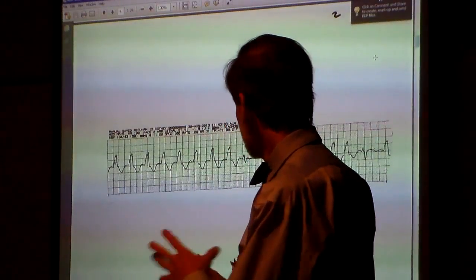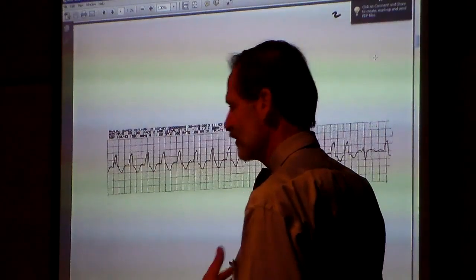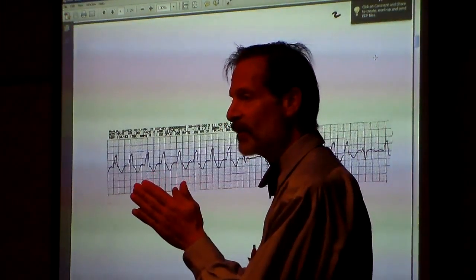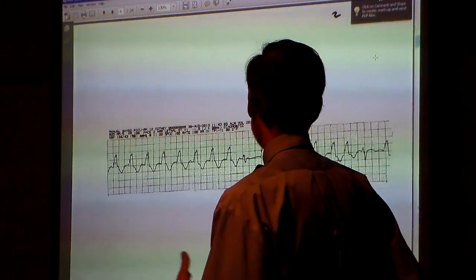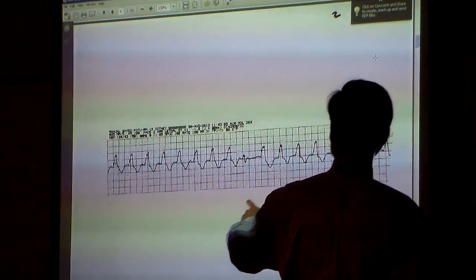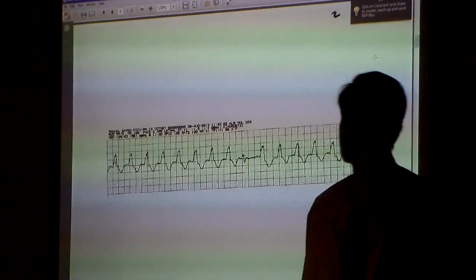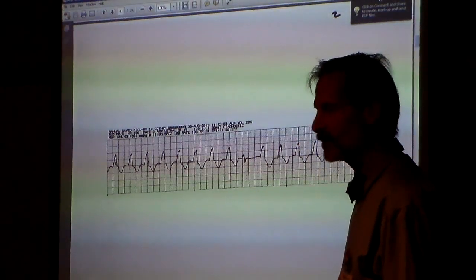And so it's not a completely narrow QRS because you know this person's got bad conduction system disease, but it's much more narrow than the other rhythm, these beats. And so that's a capture beat. And so that tells you right then that it's VT.